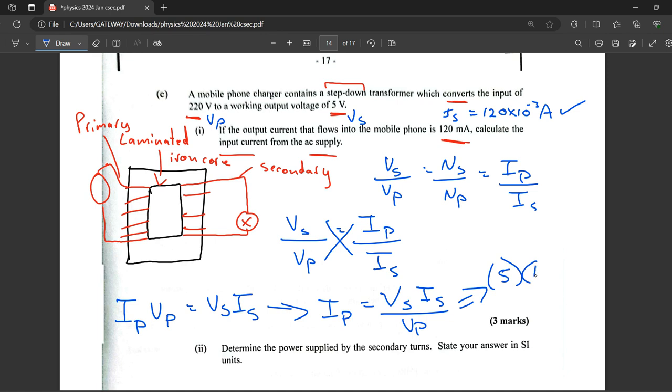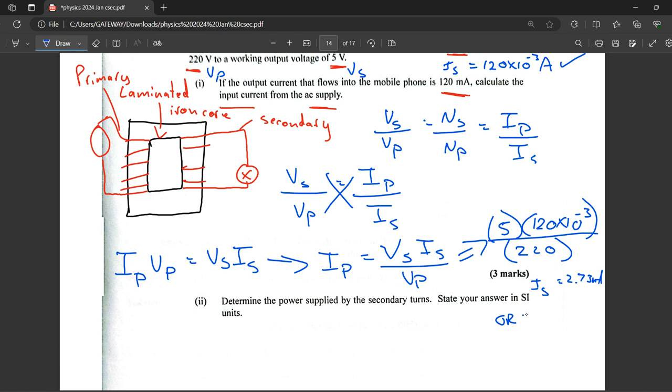So you say 120 times 10 to the minus 3, and you divide this now by Vp, which is the 220. So you get Ip to be 2.73 milliampere, or Ip to be equal to 0.00273 ampere, right? Yeah, so that's basically the answer there for that.